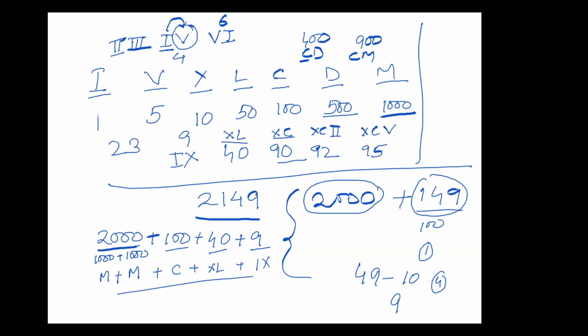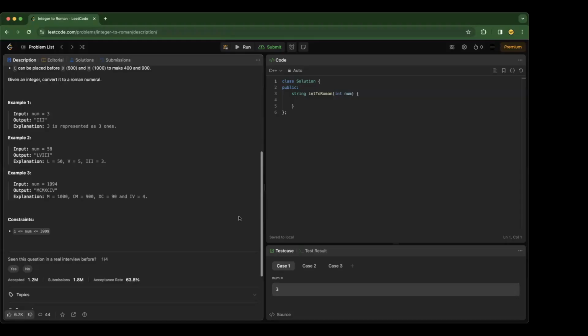If we add this up, the value becomes MMCXLIX. And this is the solution that we need to arrive at. We were going with the maximum symbol of M because the constraint says the number will be in between 1 to 3999. Anything beyond this is not part of our problem.